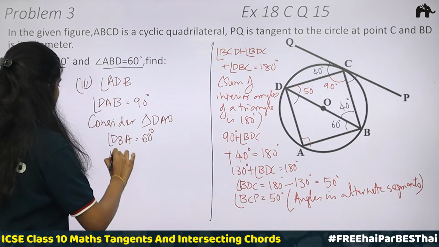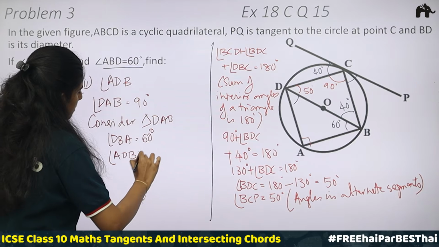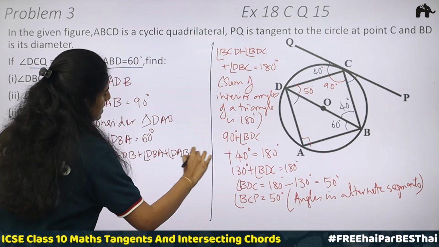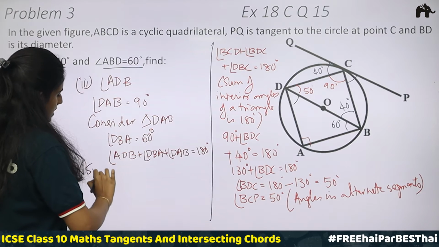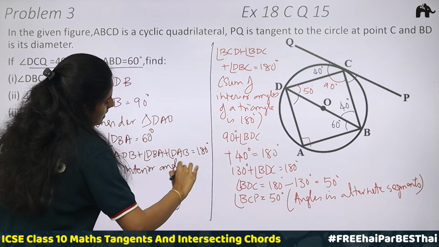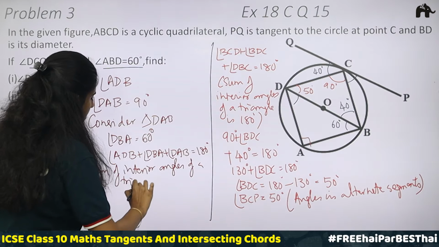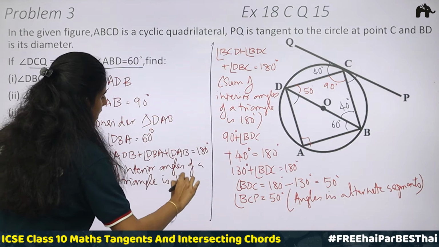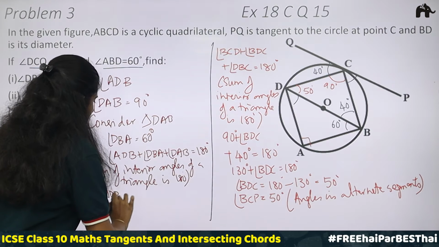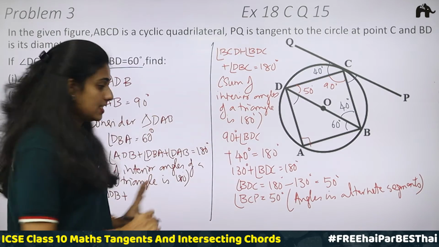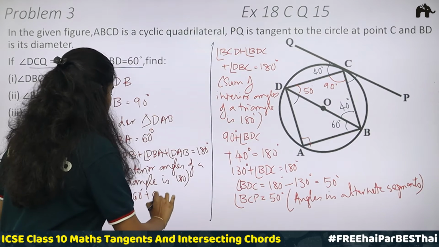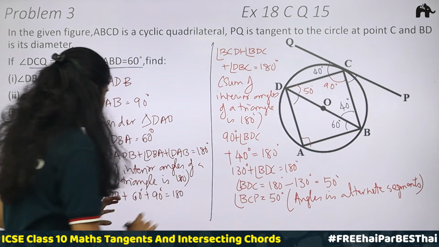Then we can find ADB. ADB plus DBA plus DAB is equal to 180 degrees. What is the reason? Sum of interior angles of a triangle is 180 degrees. Now put the values. ADB we have to find, plus DBA is 60 degrees, plus DAB is 90 degrees, equal to 180 degrees.